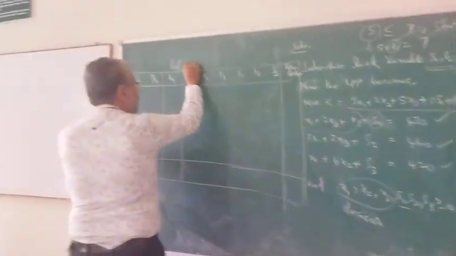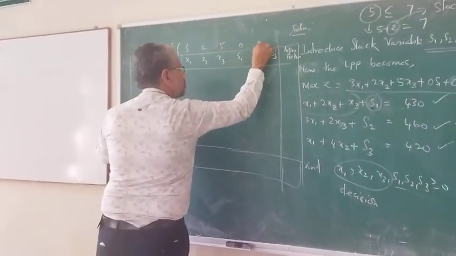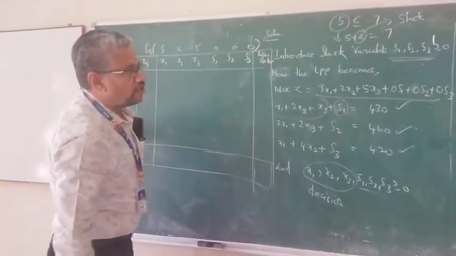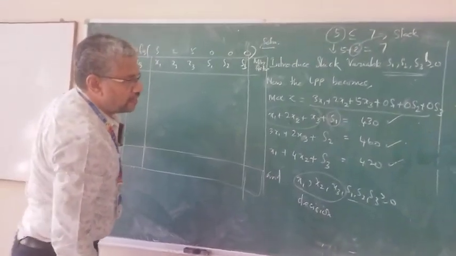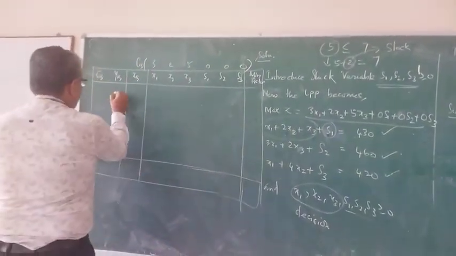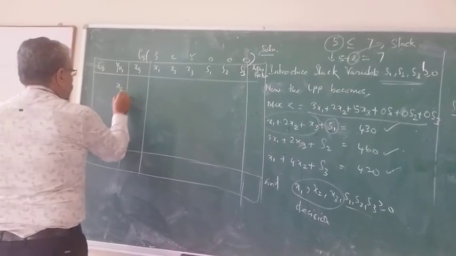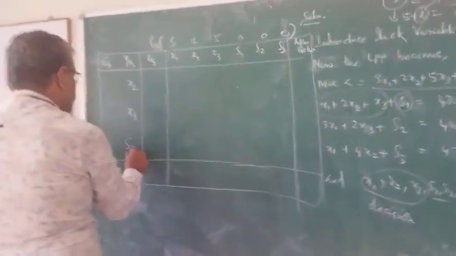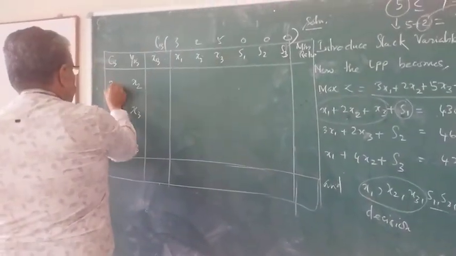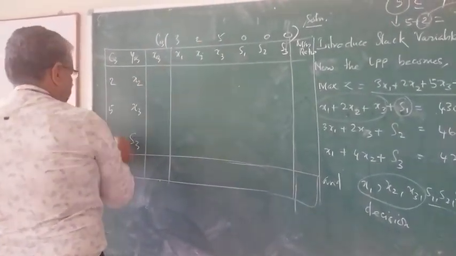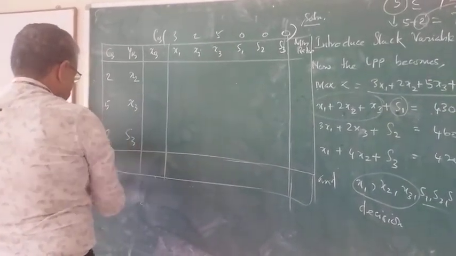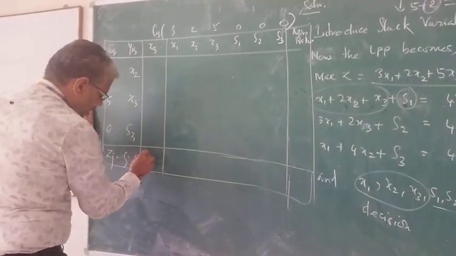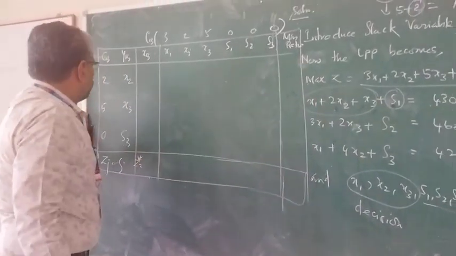CB is 3, 2, 5, 0, 0, 0. Now S1 is going out. Therefore, instead of S1, X2 is coming in. So there is no change in X3 and S3. So the cost of X2 is 2, the cost of X3 is 5, the cost of S3 is 0. Zj minus Cj. Now Z star, that is the answer.